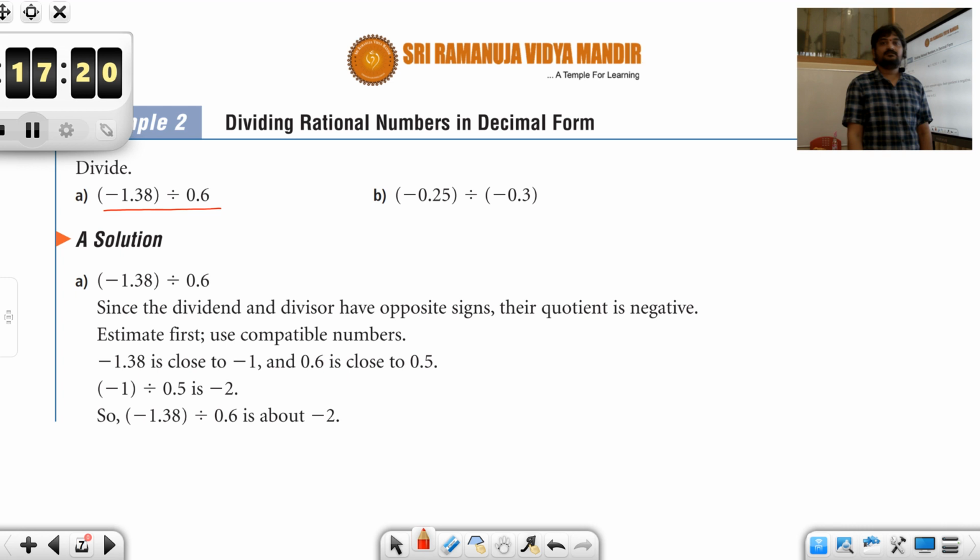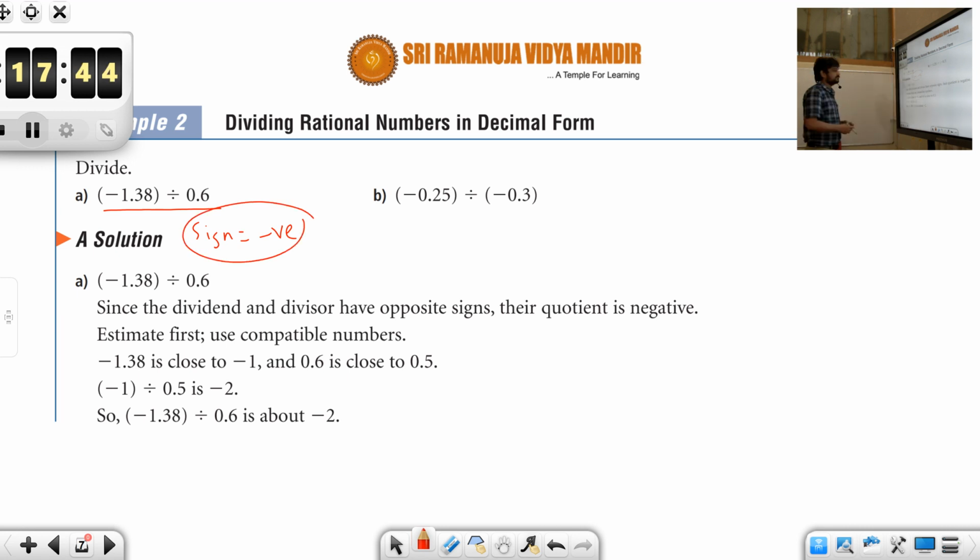And then what is our next step? Okay, what is the next step? Write this. Try to find the numerical value. Okay, we are done with finding the sign. So the second thing is we need to find the numerical value. How to find the numerical value?